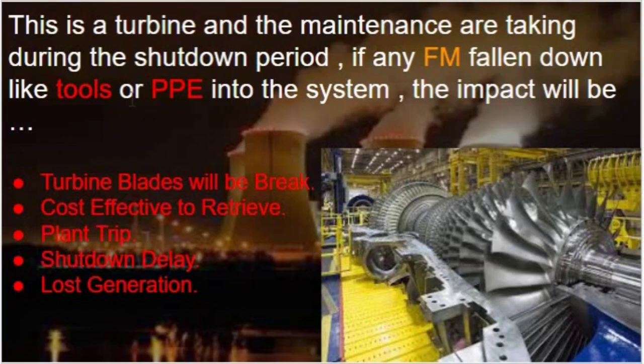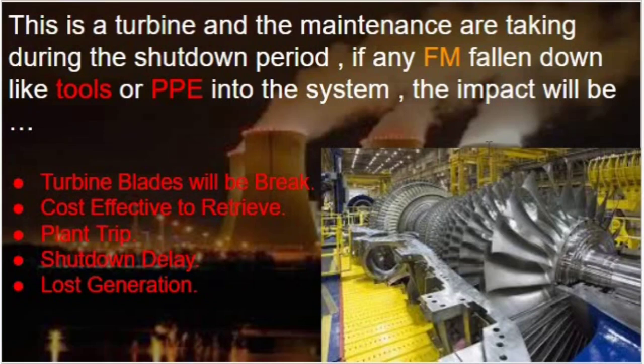Here are some pictures. This is a turbine and maintenance is taking place during this shutdown period. Now you can look, this is a turbine blade and it has been opened. Suppose any foreign material falls into this system, the impact will be very bad, like the turbine blades will break and the cost to install new blades will be very high.